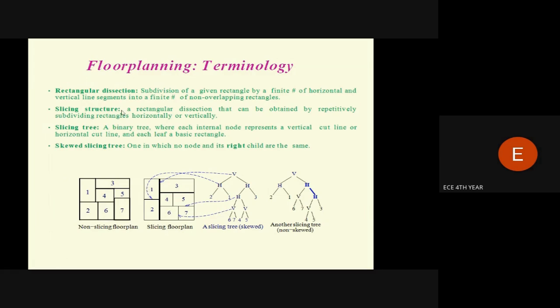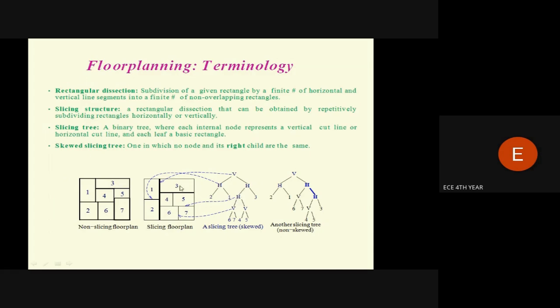Next, a slicing tree is a binary tree where each internal node represents a vertical cut line or horizontal cut line and each leaf a basic rectangle. So that is a vertical line, and here another horizontal line, so H. That H is having two children, 2 and 1.